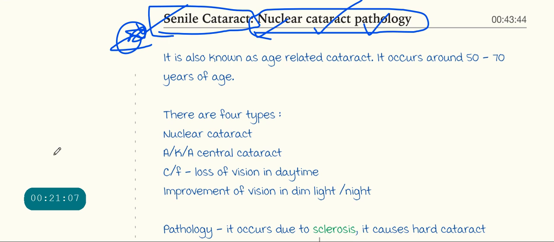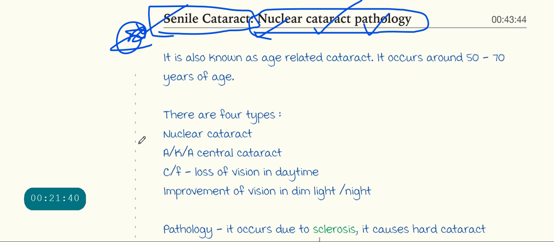The word senile tells us about the age group. So basically there would be a pathology or an accumulation in the nuclear part. We have discussed the study of the lens. At the nuclear part of the lens there is going to be a pathology, which is an age related phenomenon. This is the meaning of senile cataract. Very easy.